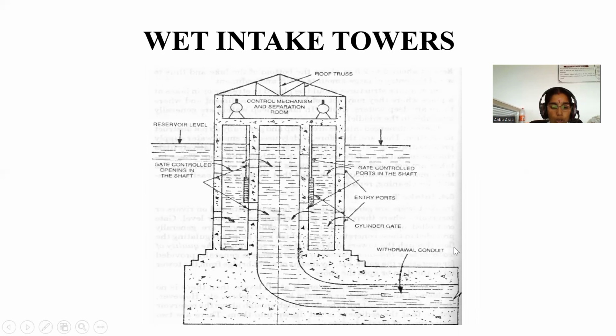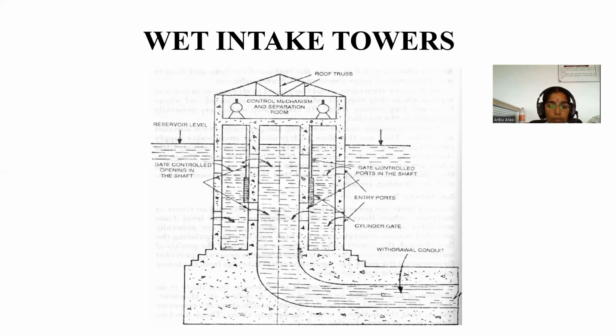The withdrawal conduit may be taken directly to the treatment plant in case no lift is required, that is in reservoir. The withdrawal conduit may lie over the bed of the reservoir or may be in the form of tunnels below the river bed. Openings are made into the outer concrete shell as well as into the inside shaft as shown in the figure.